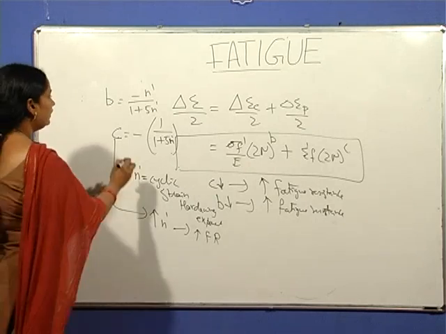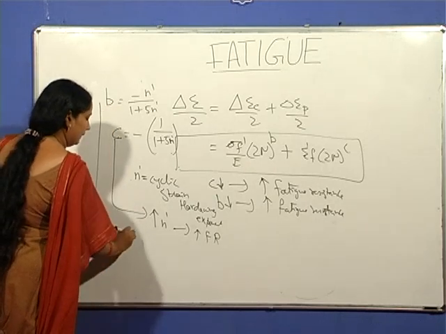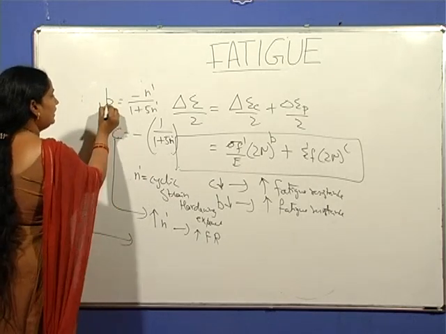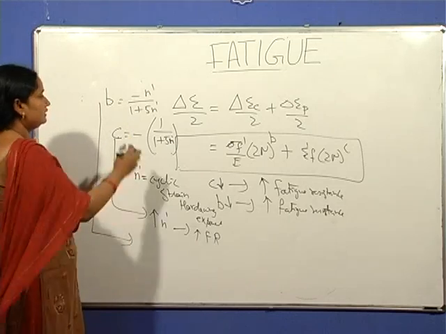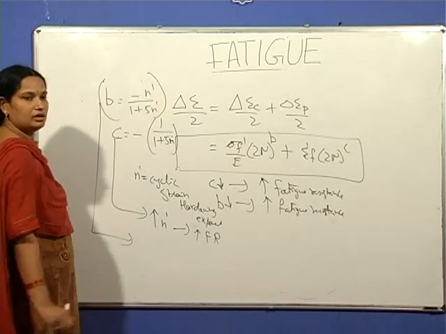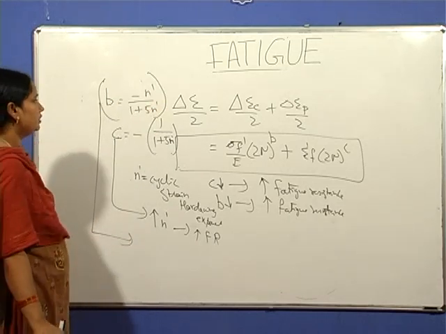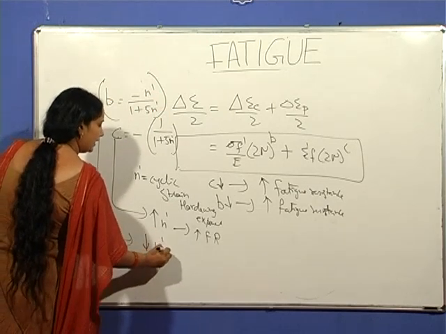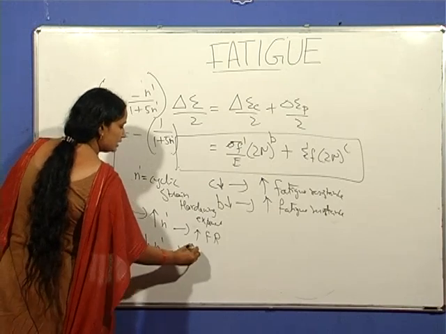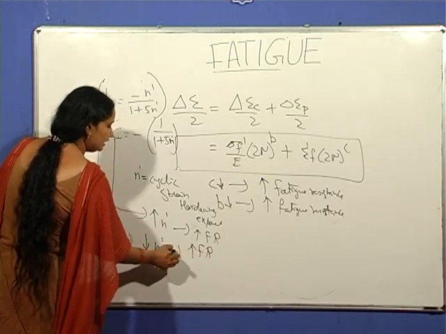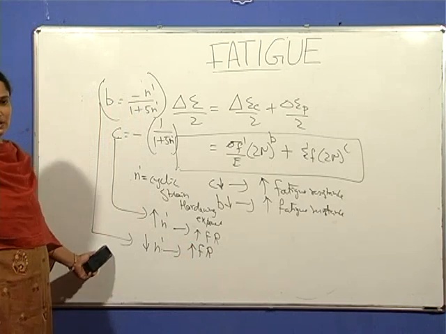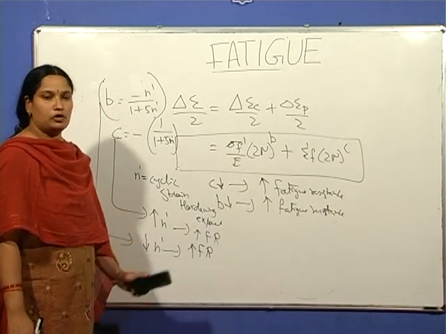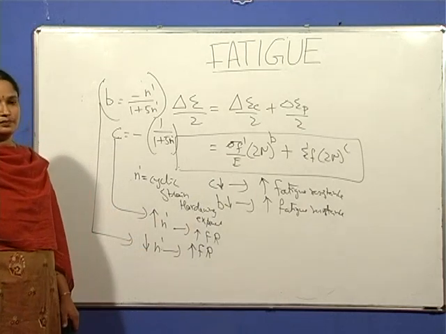Whereas for the equation governed by Basquin, b is related to n prime by this equation, so a smaller value of n prime results in an increase in fatigue life, and this is for the equations governed by the Coffin-Manson relation.